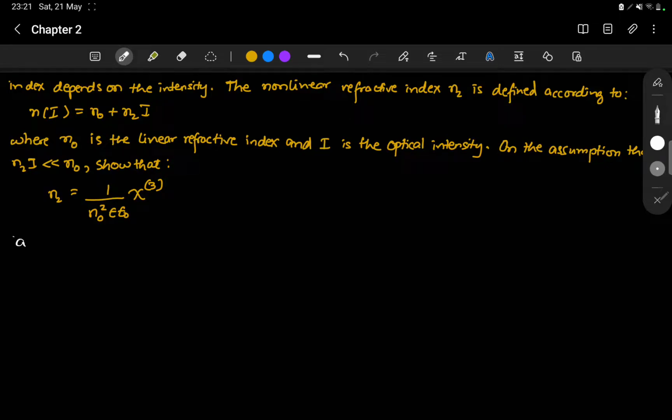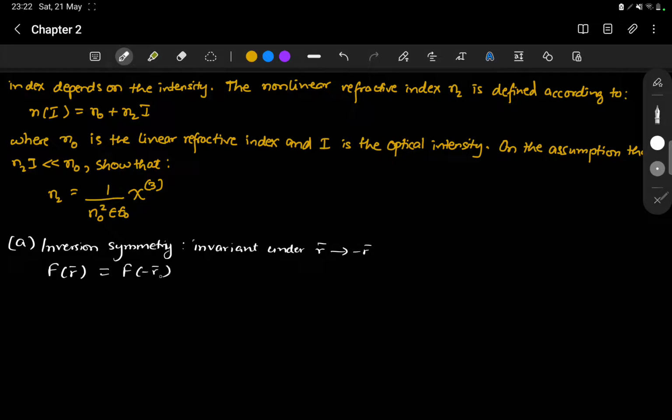Before starting this question, we need to understand what inversion symmetry is. Inversion symmetry means that the function is invariant under the transformation r going to minus r. This means that if we have a function of r, then this is equal to the function of minus r.